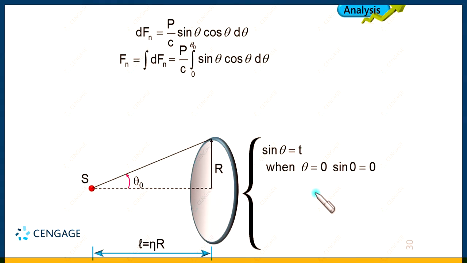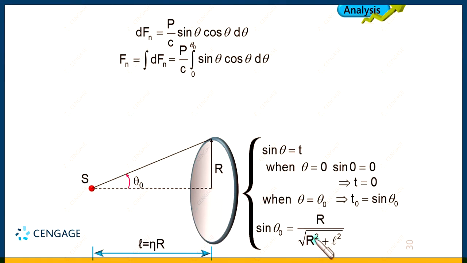So t naught equal to sin theta naught. This is the maximum limit, and from this triangle we can observe sin theta naught equal to r divided by this length, and this length is under root L square plus r square, and we know the value of L, eta multiplied by r. So this is the final relation, sin theta naught.